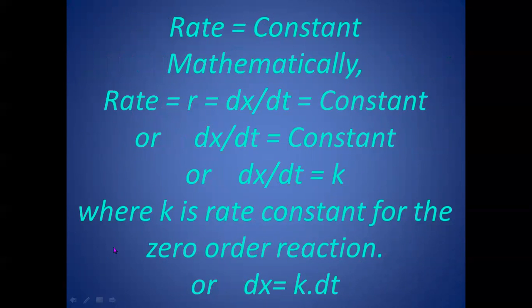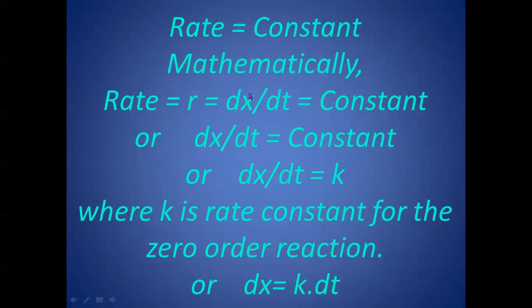Now, to calculate the rate of reaction, we need an equation. So how to get that equation? An equation is required to calculate the rate of reaction. For that, let us consider a chemical equation in which reactant A produces product, and here the concentration of reactant is given by x and the change of time by dt.